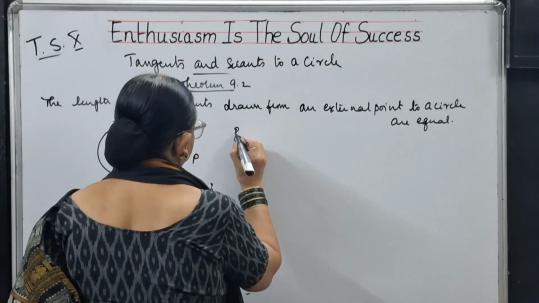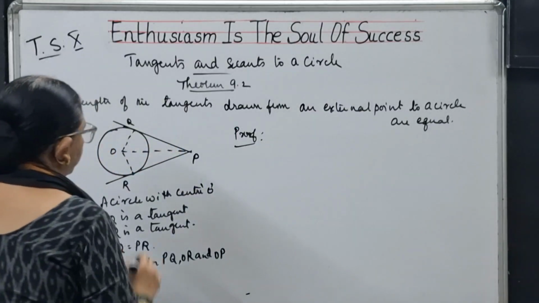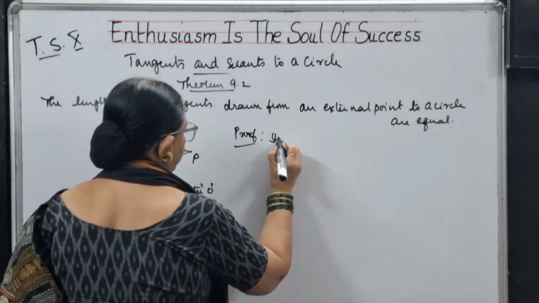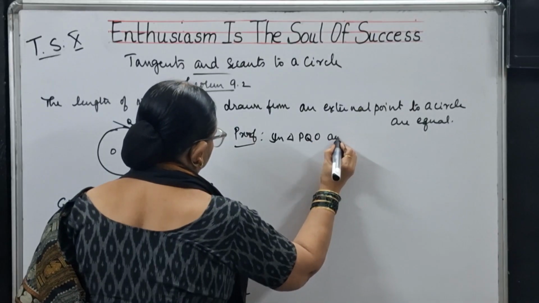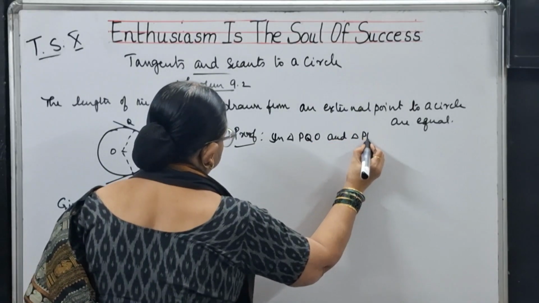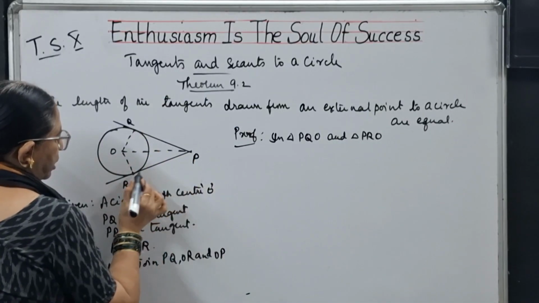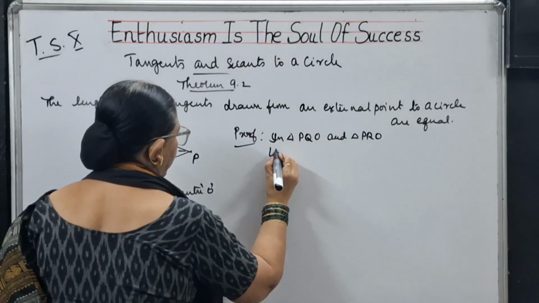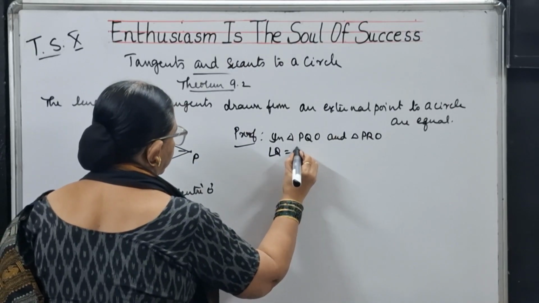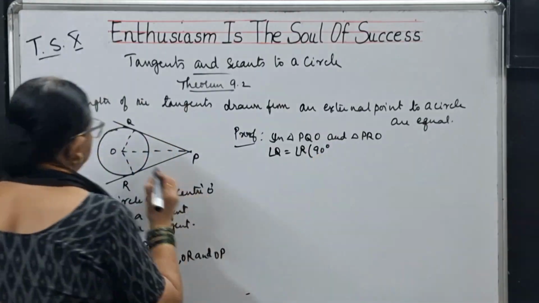Now proof. See, when you join them, you are getting two triangles. In triangle PQO and triangle PRO, in these two, angle Q is equal to angle R because they are 90 degrees.